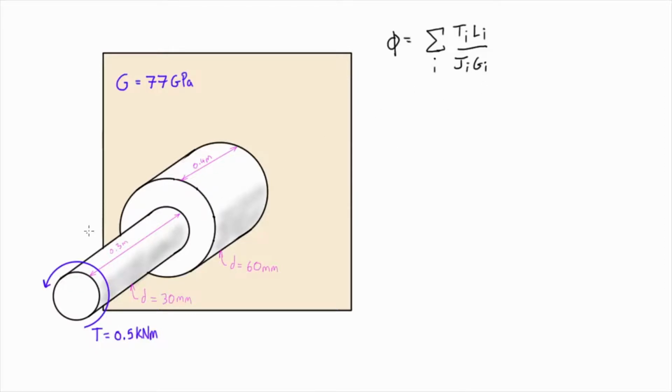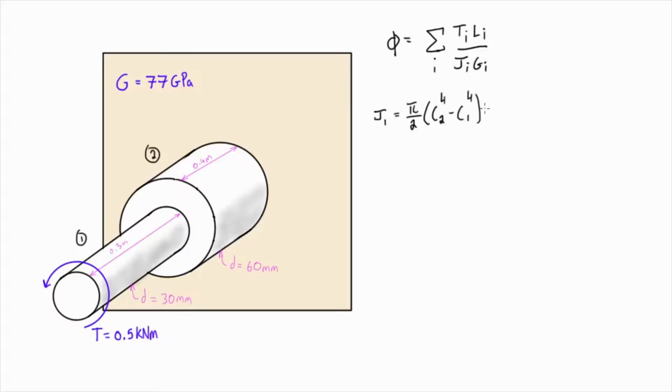So what we want to do, if we define the little section as section 1 and the big section as section 2, is figure out what J is for section 1 and also for section 2. The formula that we use for the polar moment of inertia is pi over 2 times c2 to the power of 4 minus c1 to the power of 4.